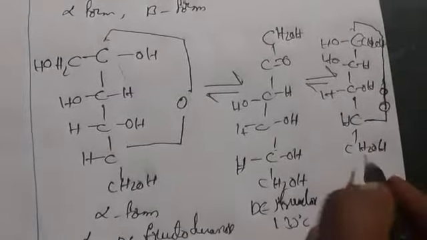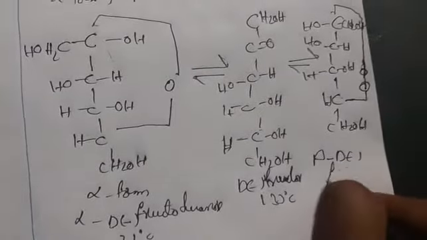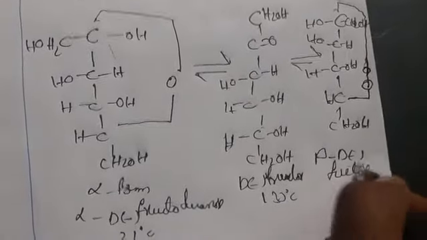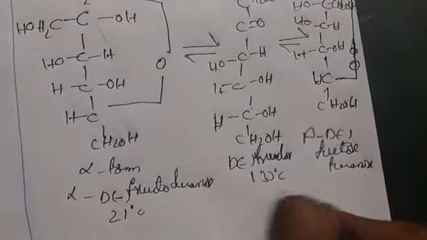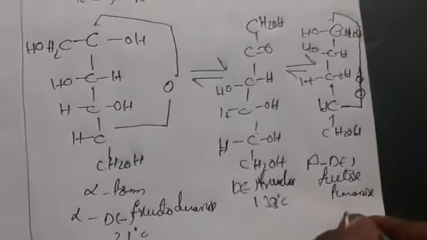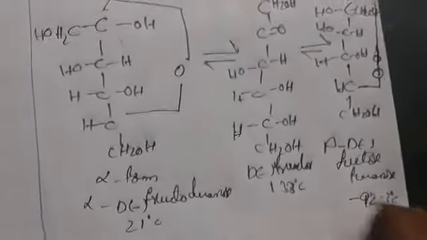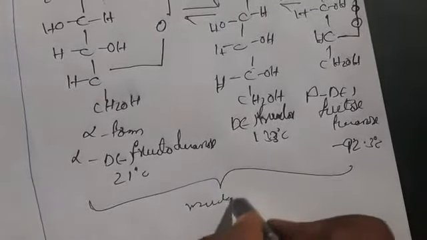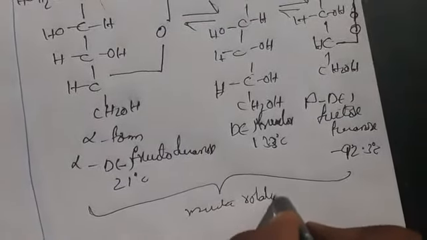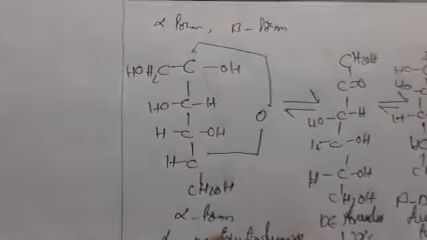So this is beta-D(-)-fructofuranose. It has a specific rotation of minus 92.3 degrees. This we call mutarotation. Mutarotation is nothing but a change in specific rotation. So this is fructose.